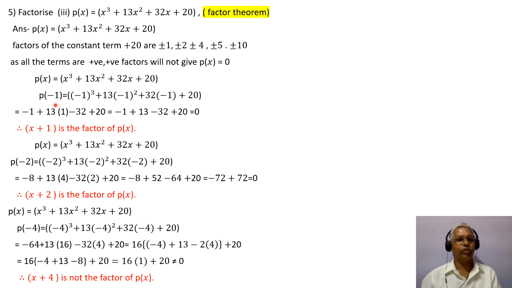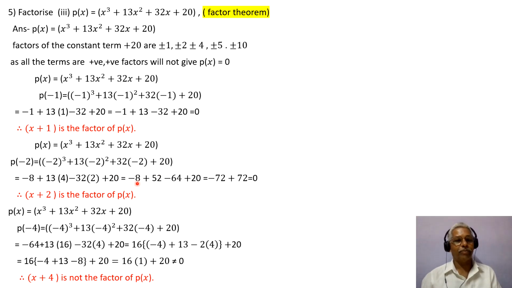So p(minus 1) is minus 1 cube plus 13 into minus 1 square plus 32 into minus 1 plus 20. If we solve this, you get minus 1 plus 13 minus 32 plus 20, which is 0. So very lucky to get a factor. X plus 1 is a factor of this. So we will try again for minus 2. P(minus 2) is minus 2 cube plus 13 into minus 2 square plus 32 into minus 2 plus 20.